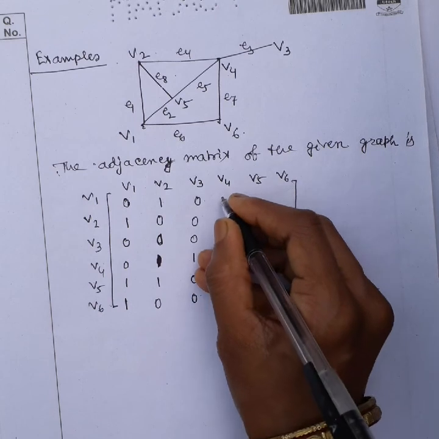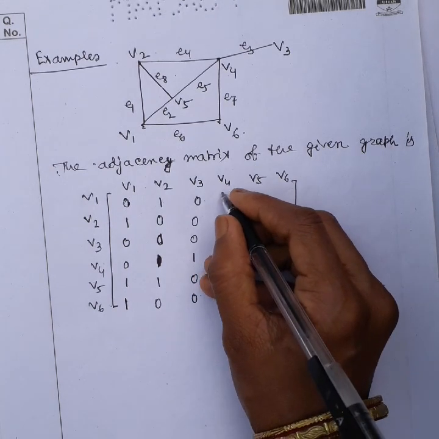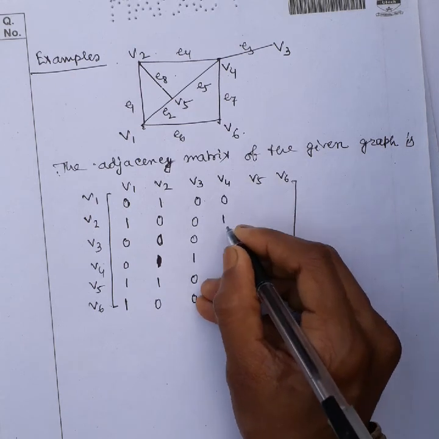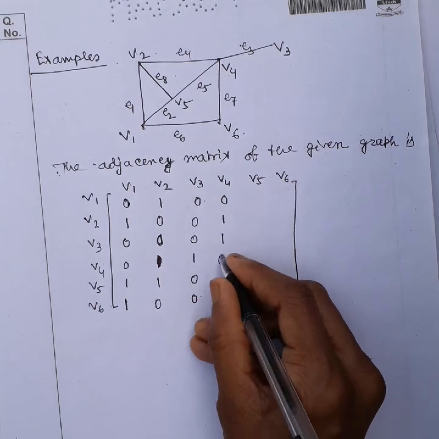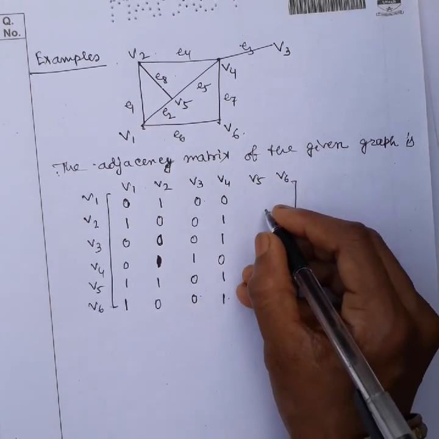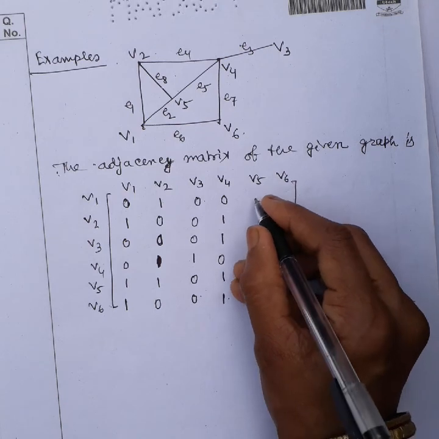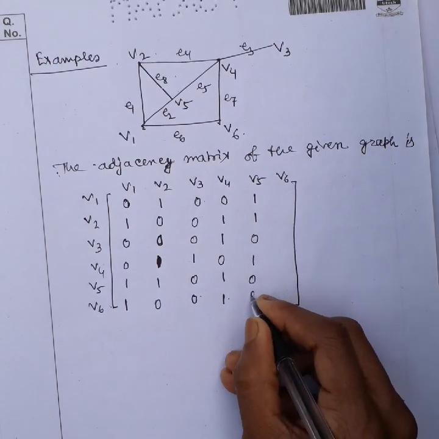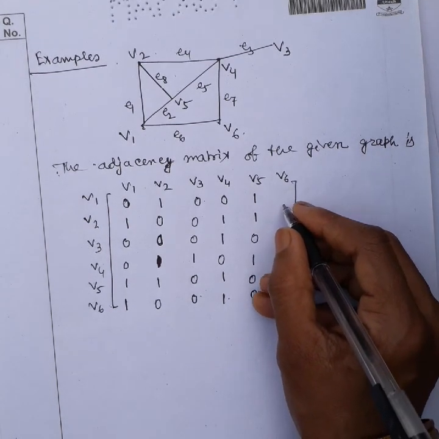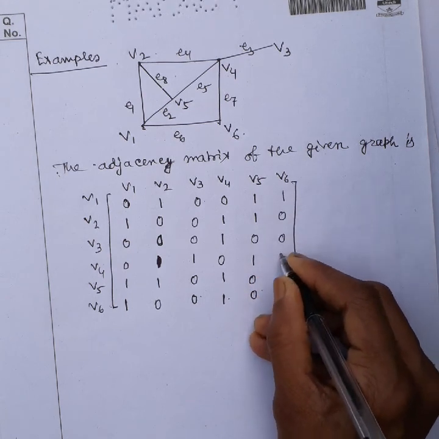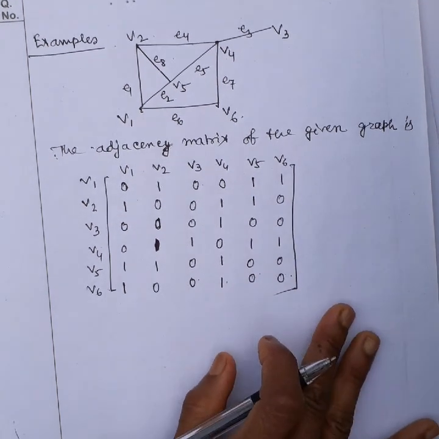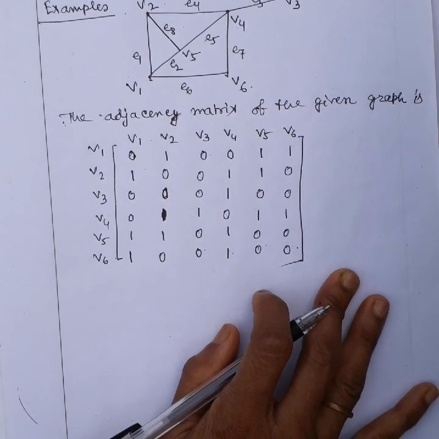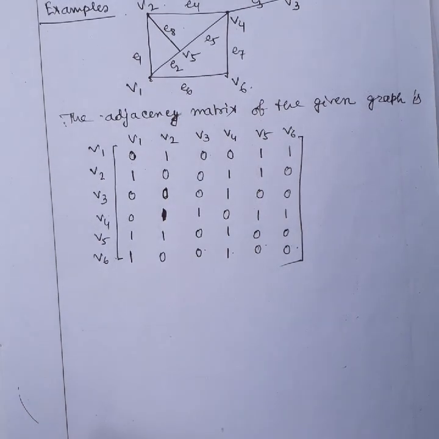Next, V4 is connected with V2, V3, V5 and V6. Next, V5 is connected with V1, V2 and V4. And V6 is connected with V1 and V4. Okay, so this is our adjacency matrix. Okay, and we can find the graph from the adjacency matrix also.